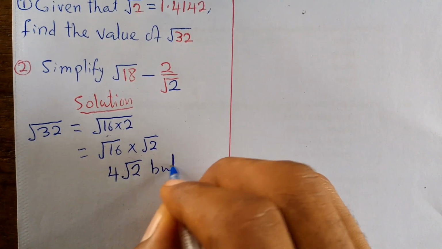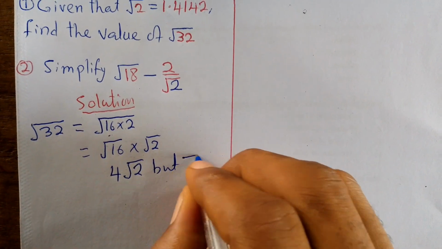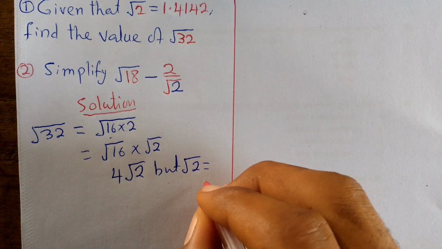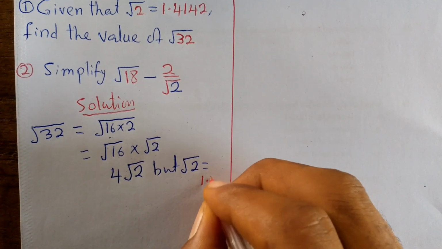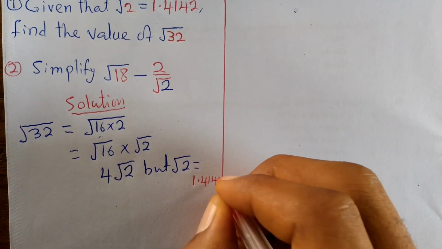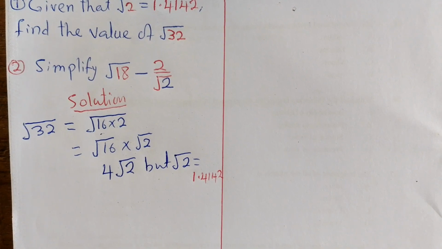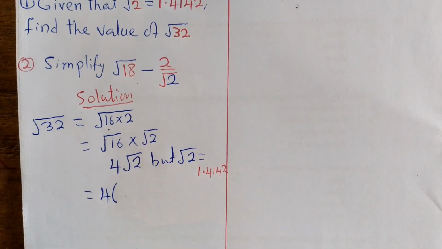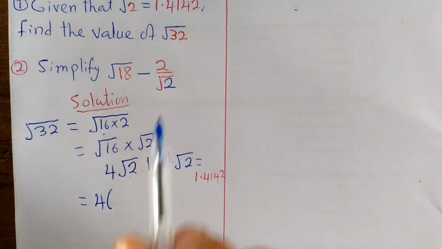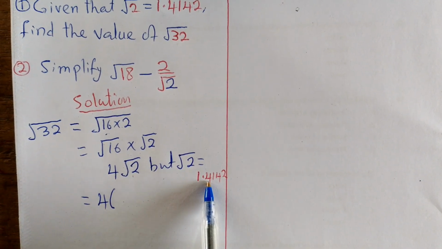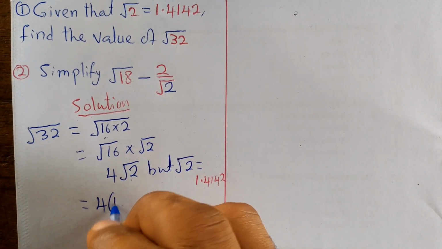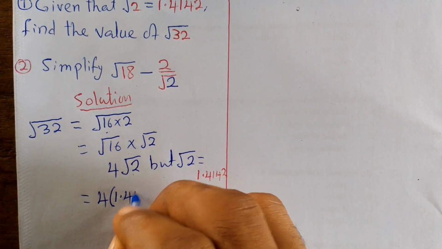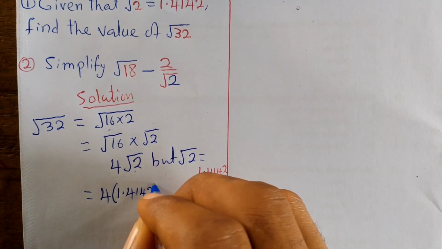But they say the root of 2 is equal to 1.4142. So what I'll do is that it will now become 4 into brackets. When I see root 2, I'll put 1.4142.